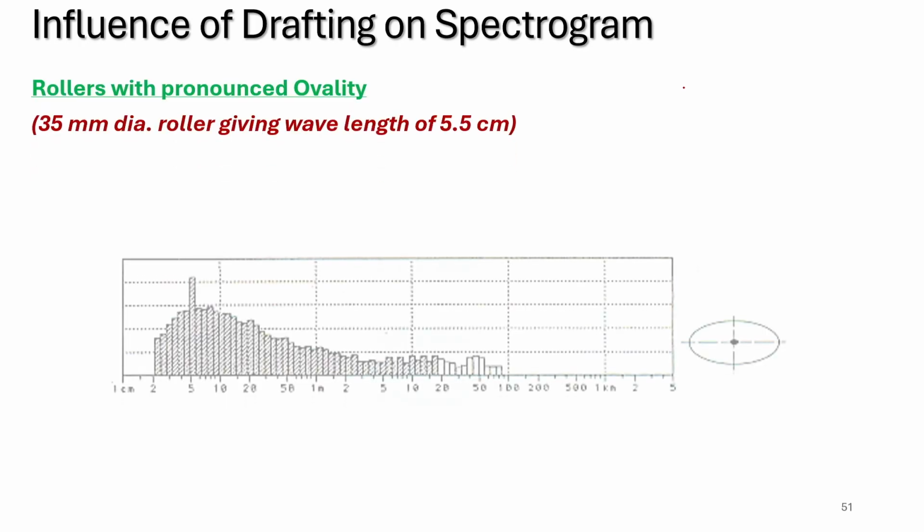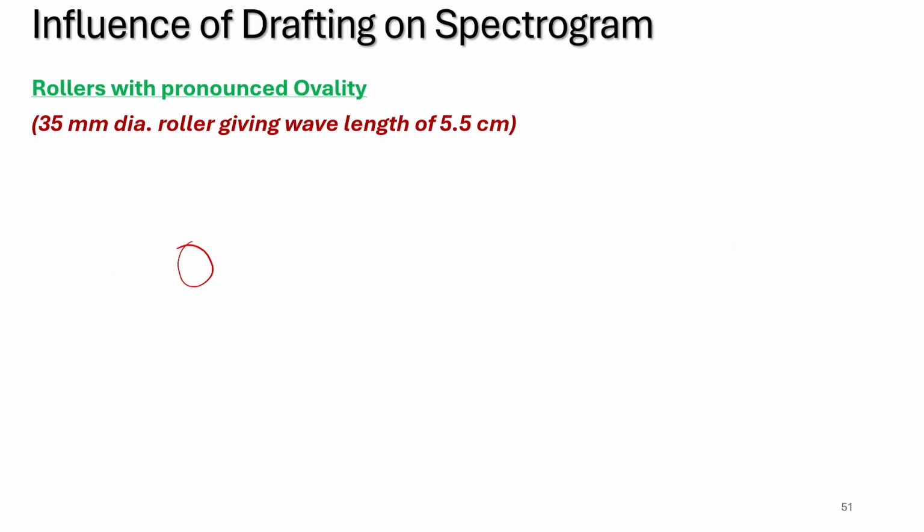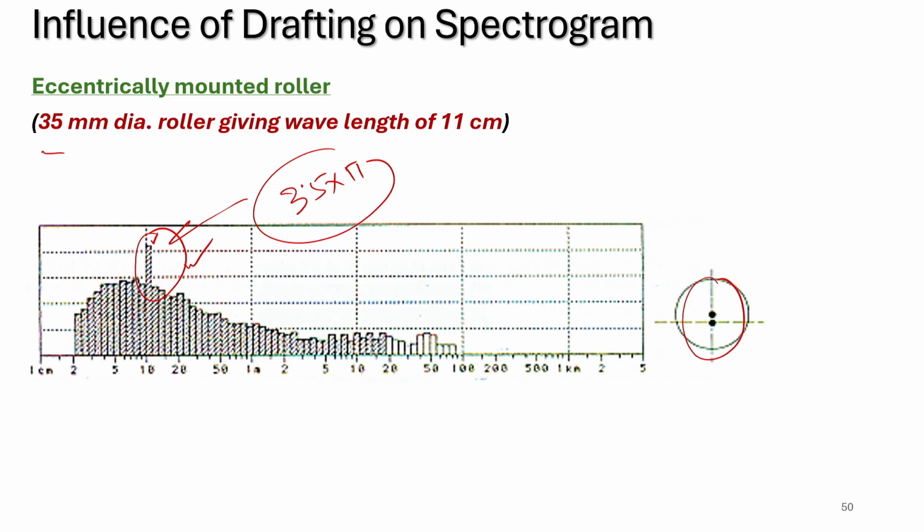And rollers with pronounced ovality. If there is a little bit of eccentricity, then we will get only one peak. So, we are getting one peak.